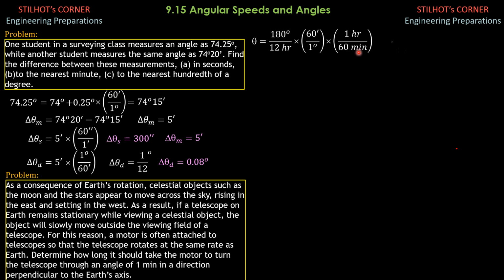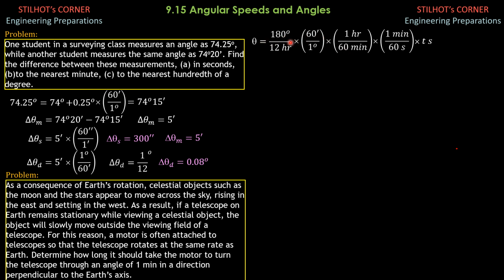Then minute to seconds, times 1 minute per 60 seconds, then multiplied by time in seconds, so that we can get the angular value of 1 minute. So this is 1 minute. Simplifying this, cancel.